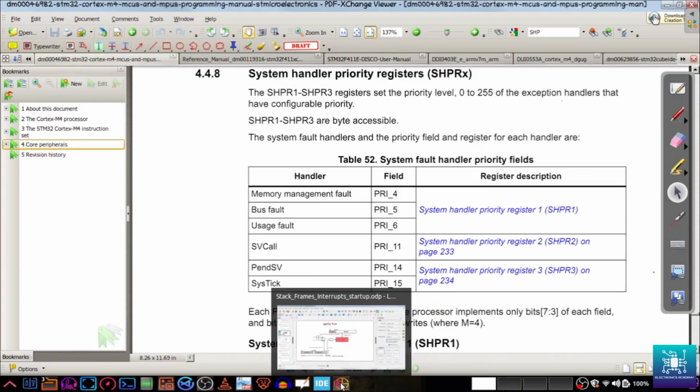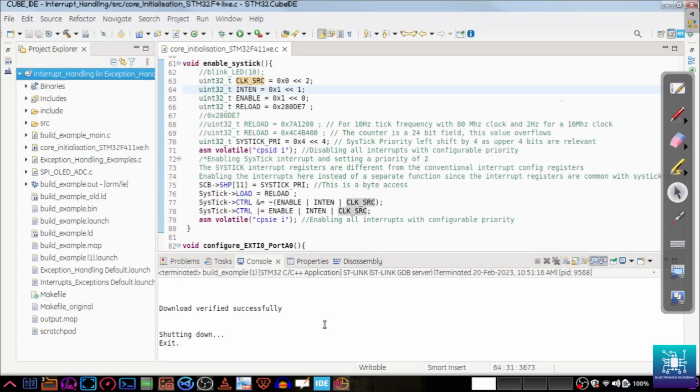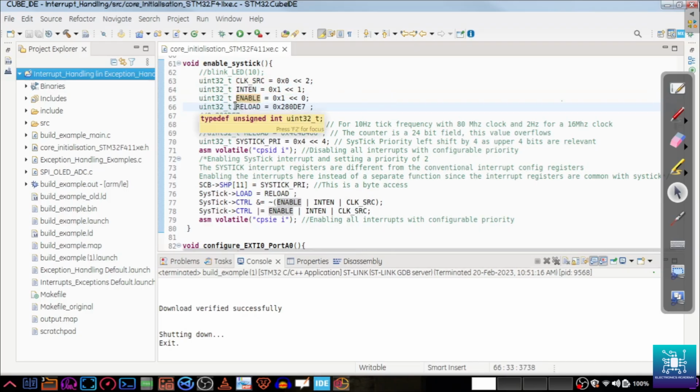Now in the code we see three variables that I created to begin with, that is the clock source, the interrupt enable bit, and the general enable bit for Systick, and the reload value, that is the value we intend to reload into the reload value register, and we calculated that to be this value, 0x280DE7, from the previous session.